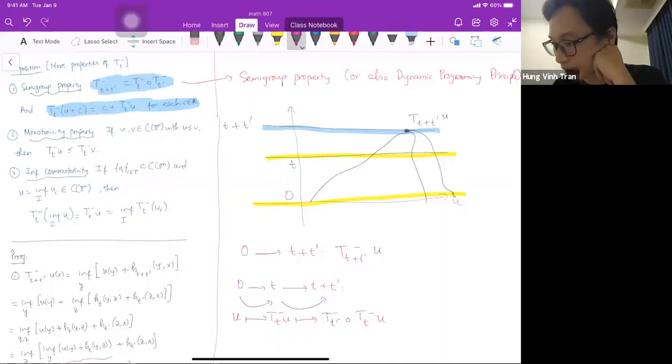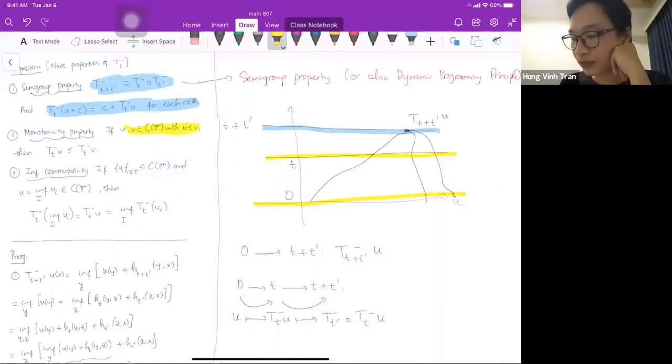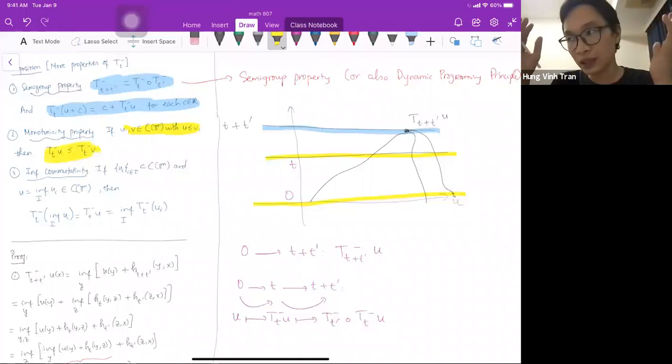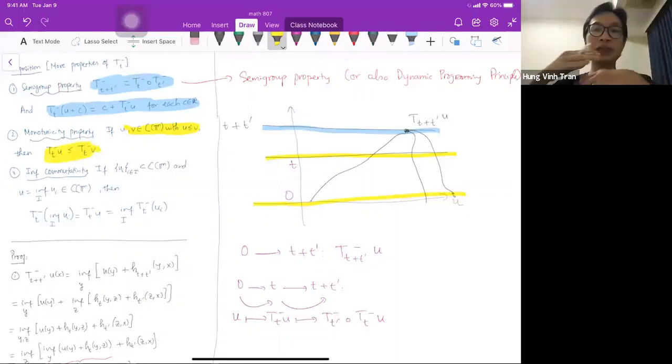Then we also have an important property called the monotone property. So if you start with u less than or equal to v, then the semi-group respects that, and this is important in certain geometric problems and also in certain PDE problems that have the maximum principle. It tells you that things are ordered, right?